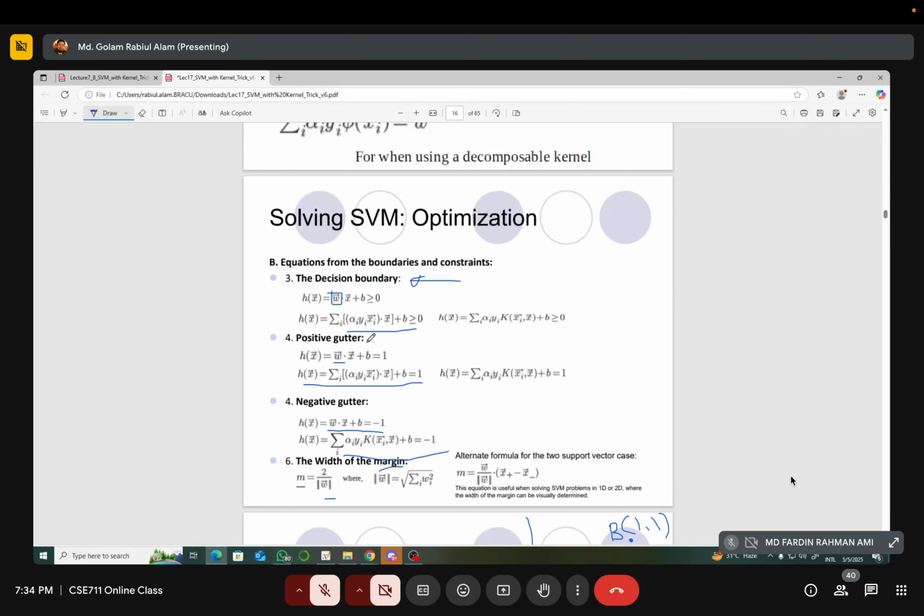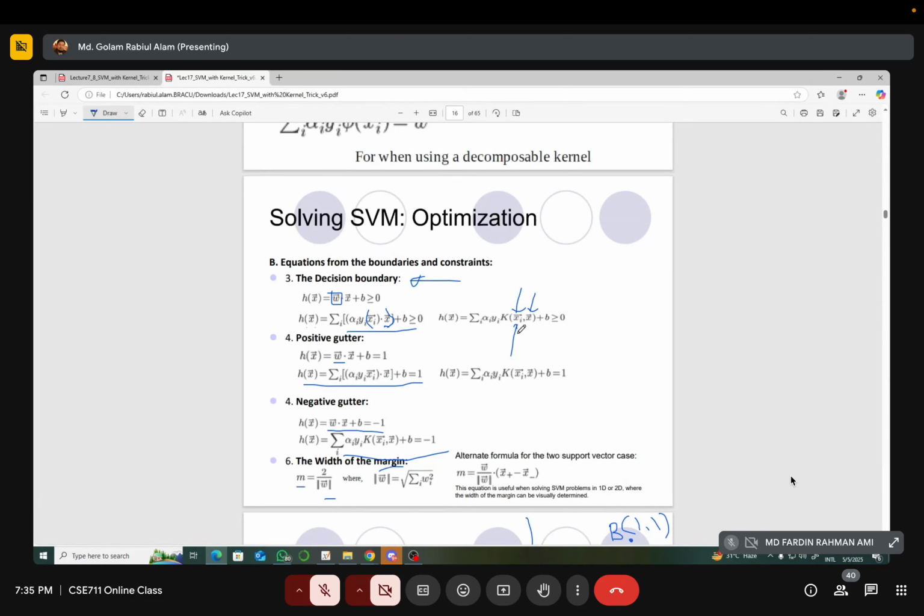In the decision boundary we have alpha i, yi, xi, and x. So xi and x are the vectors, specifically the data points. In this case, xi is our support vector.